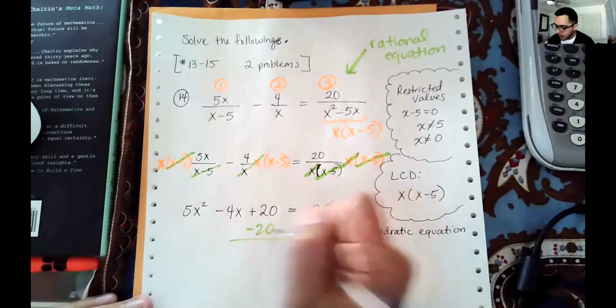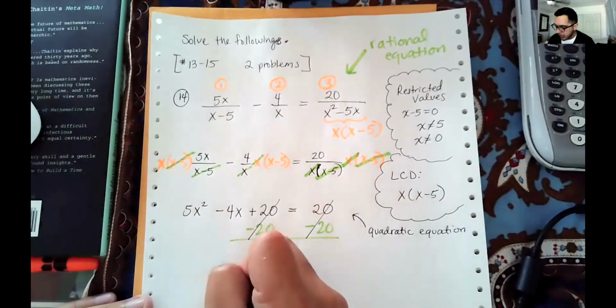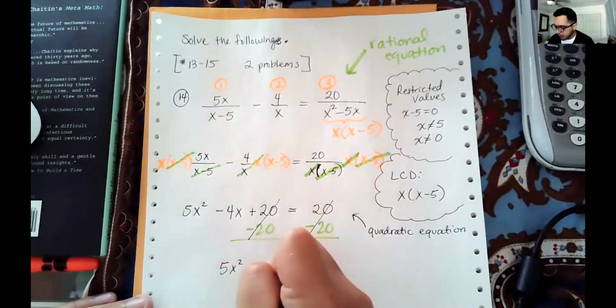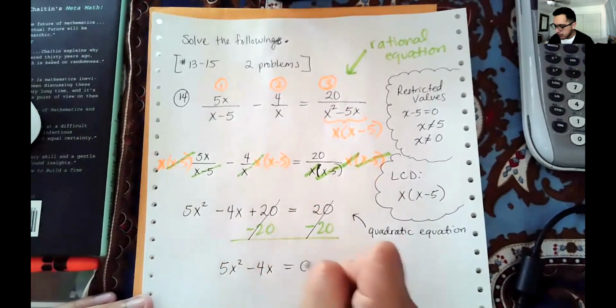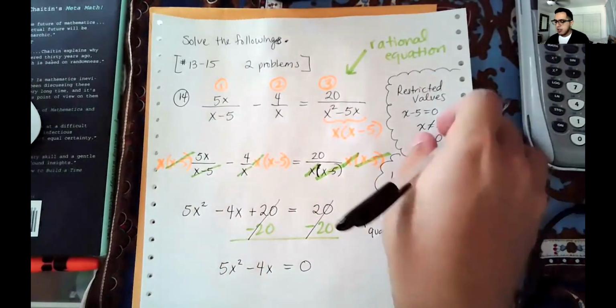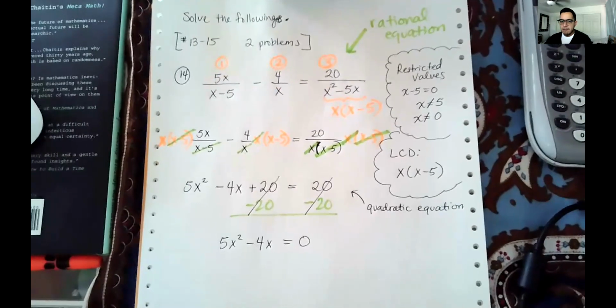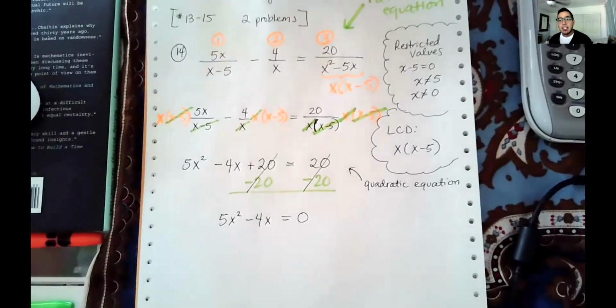Turns out that both of these cancel out. So we have 5x squared minus 4x is equal to 0. And then we have three methods of solving quadratic equations. So we can either factor this, we could use the square root property, or we could use the quadratic formula.